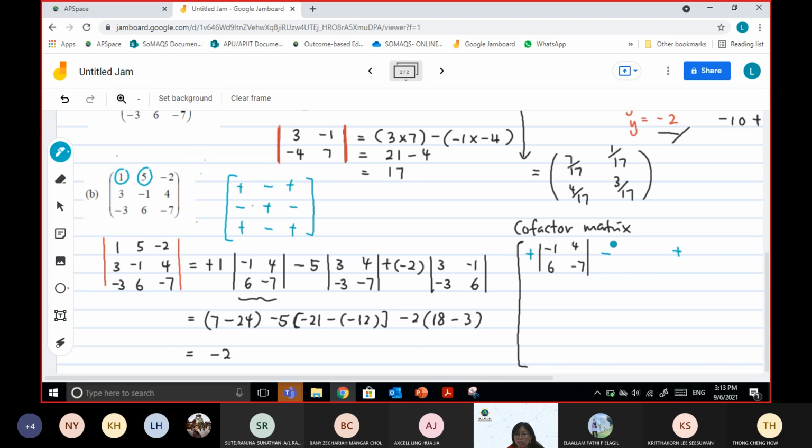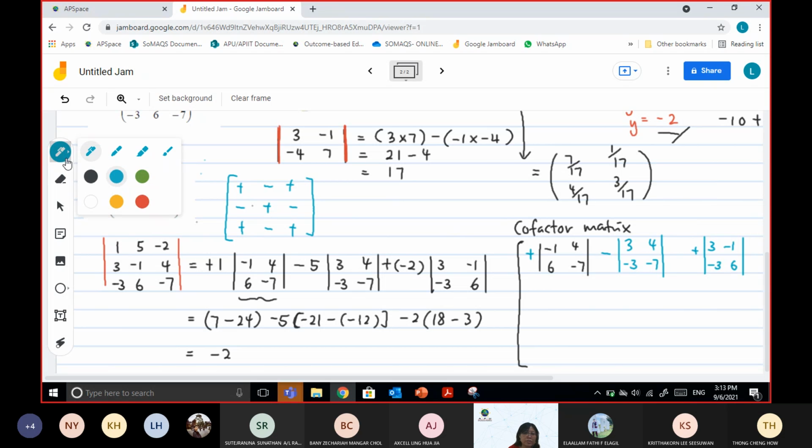So I have 3, negative 3, then 4 and negative 7. Then next one is a plus. Now for this value, I'm blocking first row and third column, so I have 3, minus 1, negative 3 and 6. That's how I calculate the cofactor values for each element.